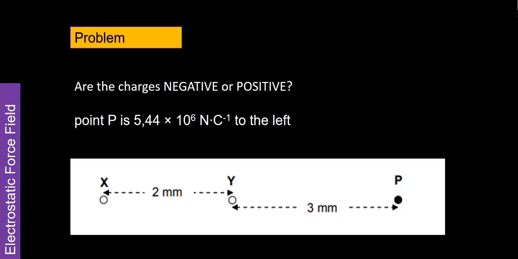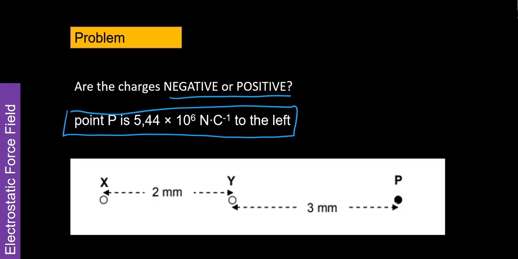You've got this. The next one is, are the charges negative or positive? And I've rewritten this here because this is important. This force that is being experienced by P is in that direction. It is left. So something is drawing this. What do you think this is going to be?